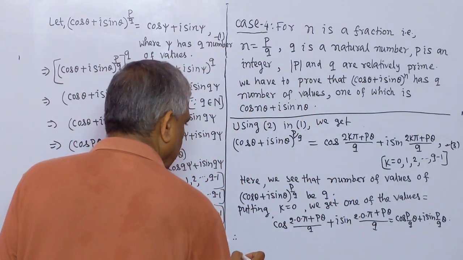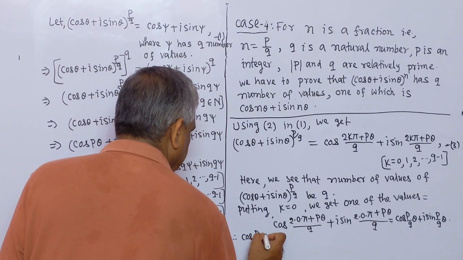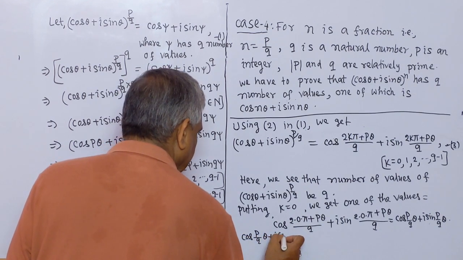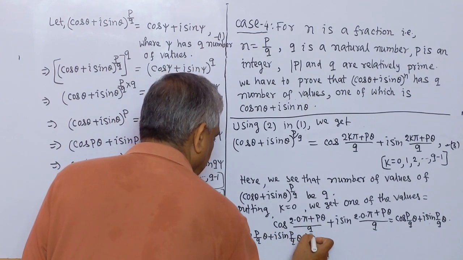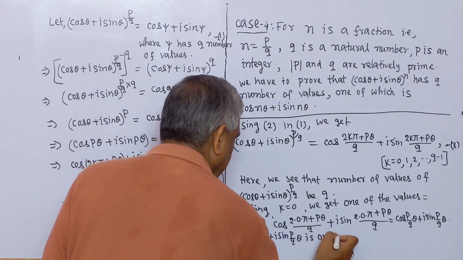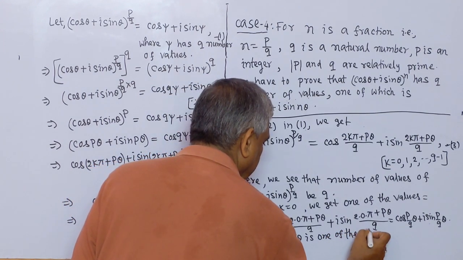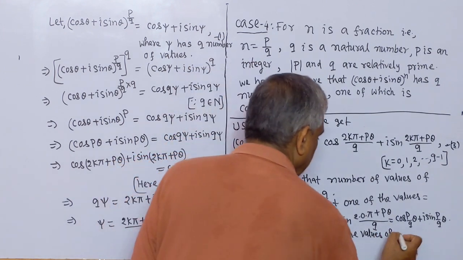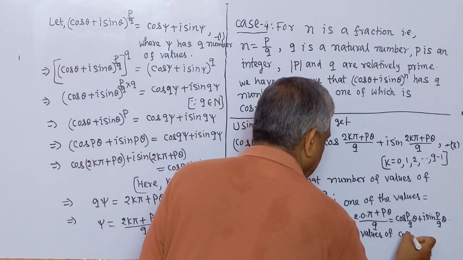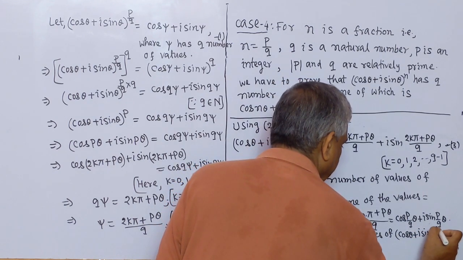Therefore, cos (p by q) theta plus i sin (p by q) theta is one of the values of (cos theta plus i sin theta) to the power p by q.